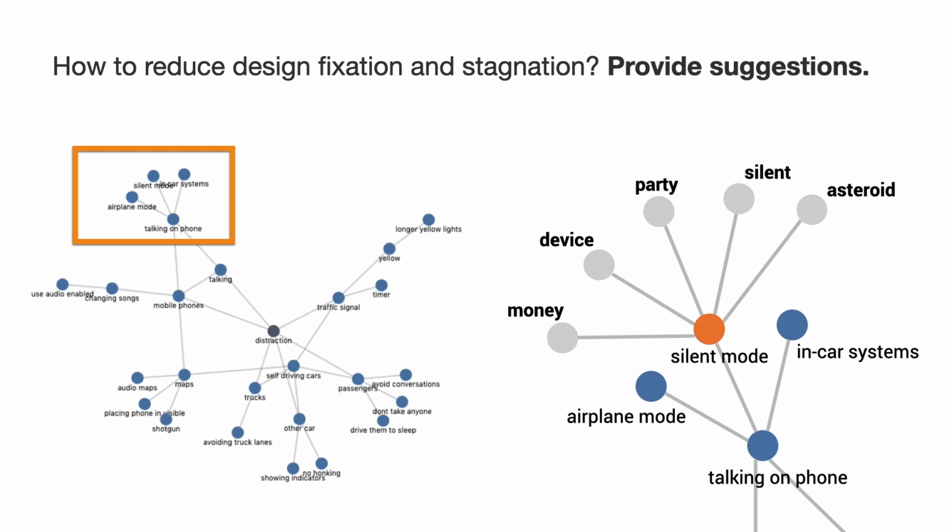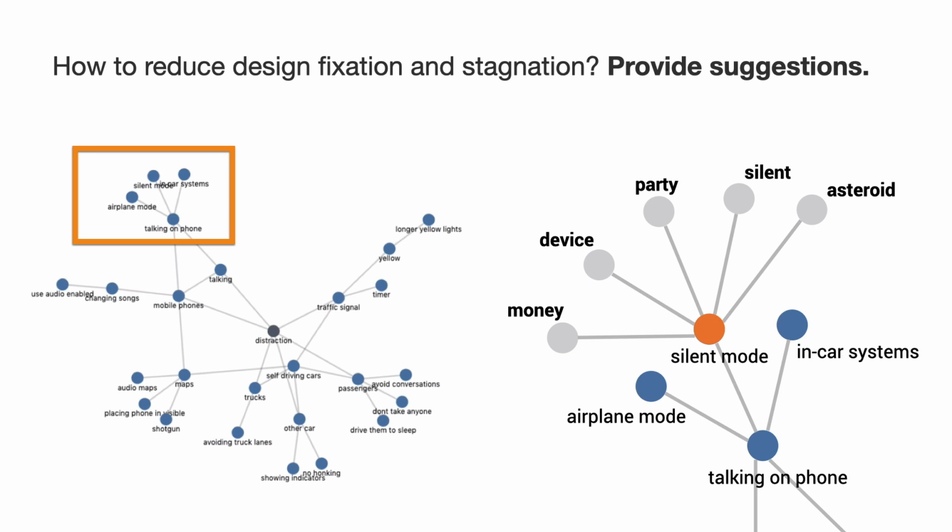In the mind mapping process, users write down associations that come to mind as they're building their mind map. Since Spinneret aims to emulate the mind mapping process, in order to reduce design fixation and stagnation, it needs to be powered by an existing knowledge graph based on which associations can be suggested to the user. These suggestions can then potentially inspire a new idea to the user.